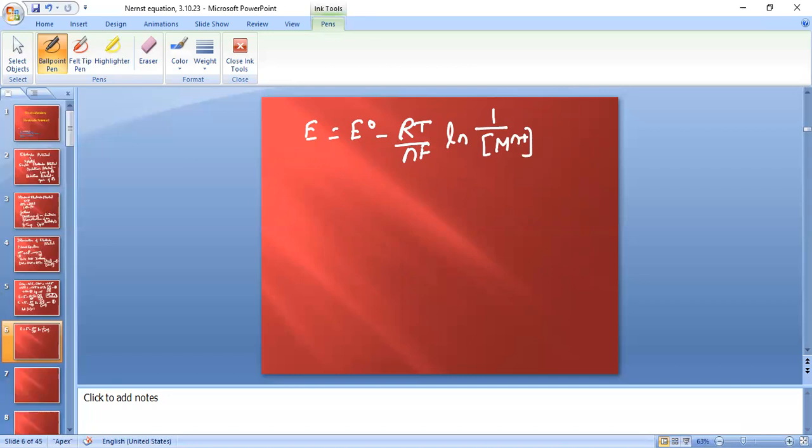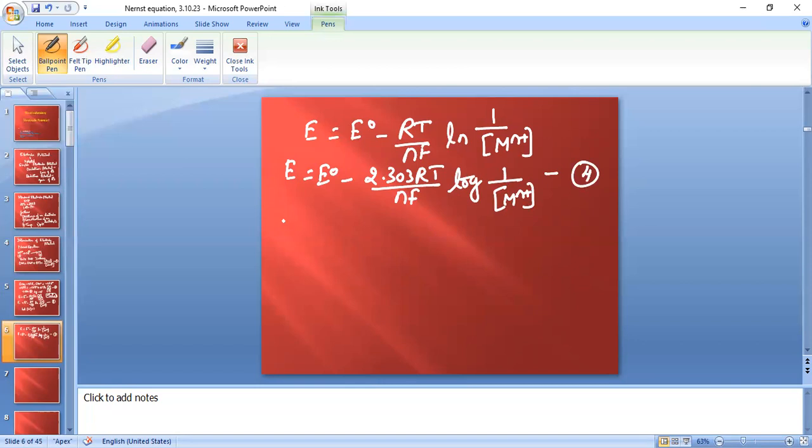Now, I'm going to convert this natural logarithm to log base 10. So it becomes E is equal to E naught minus 2.303 RT by nF log base 10 of 1 by M^n+. Let this be equation 4.